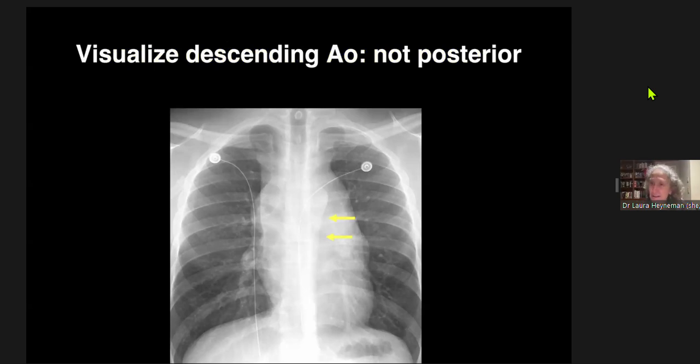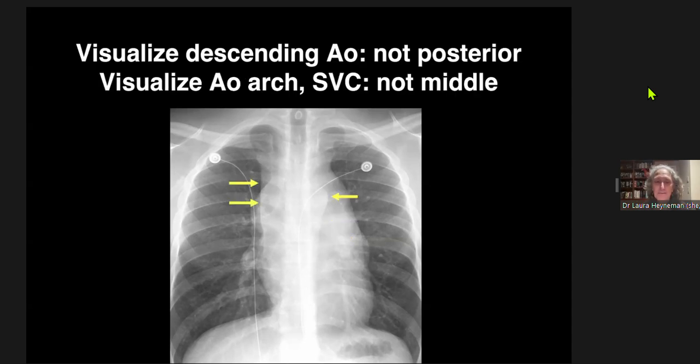And I just said a few minutes ago that the descending thoracic aorta lies in the posterior mediastinum. So this mass, we see the lateral margins extending to the level of the descending thoracic aorta. The fact that the descending thoracic aortic border is not silhouetted out means that that mass is not immediately abutting it and is likely not in the posterior mediastinum.